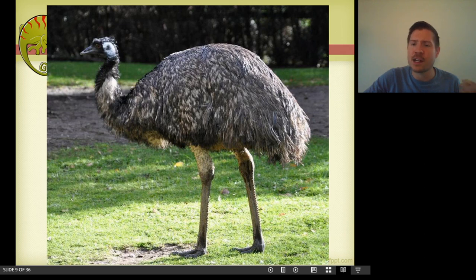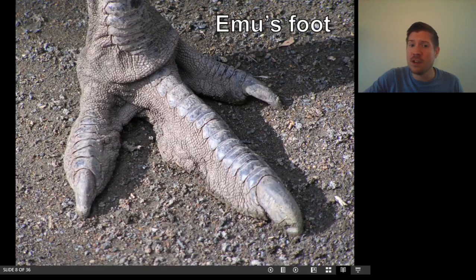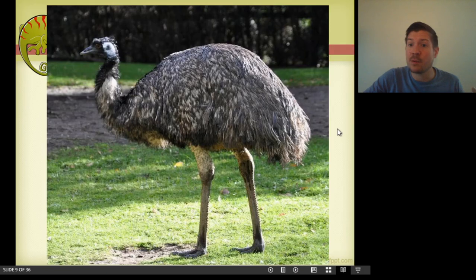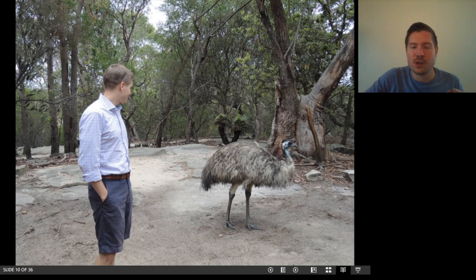But when you think about it, dinosaurs and birds, or reptiles and birds, they have scales. Okay, you can see the scales covering its foot. Okay, talons, common in reptiles and birds. And now we know lots of dinosaurs had feathers. So there's many similarities that you can see. Here's our emu friend.